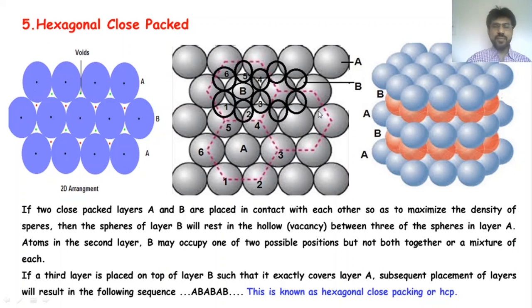Such a structure, AB, AB, AB, forms the hexagonal close packing, and due to that it is known as the hexagonal close type of packing, or the HCP type of packing.